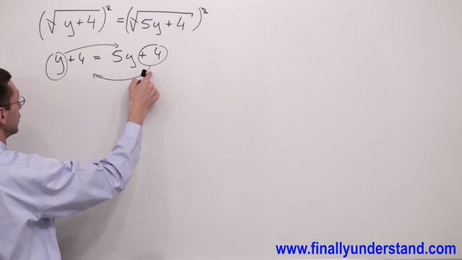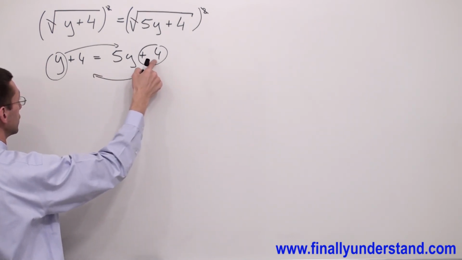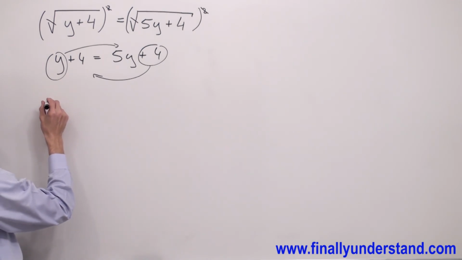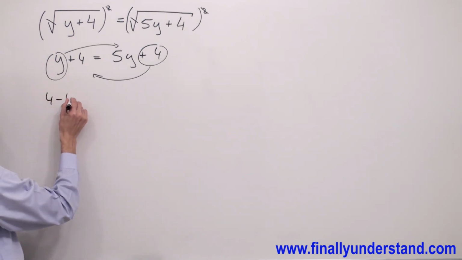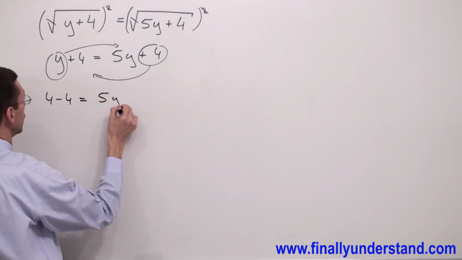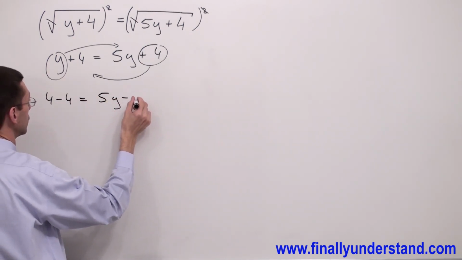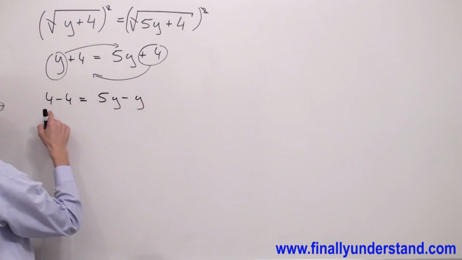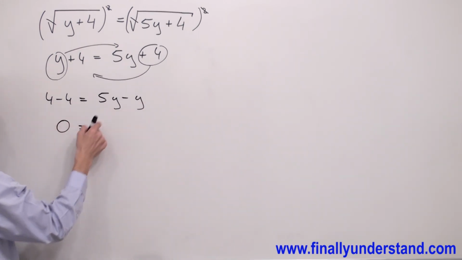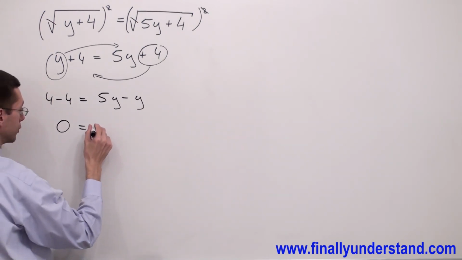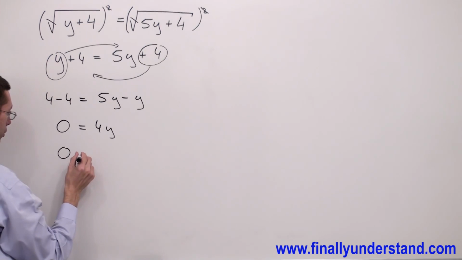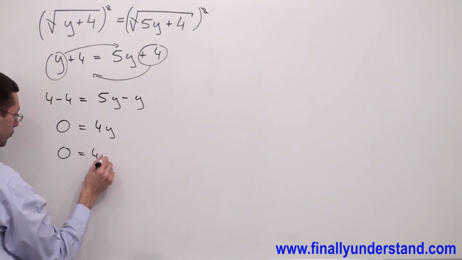I move this 4 out from this side because this 4 has no y next to itself. That's why I have 4 minus 4 equals 5y minus y. 4 minus 4 is equal to 0. 5y minus y is equal to 4y. I have 0 equals 4y.